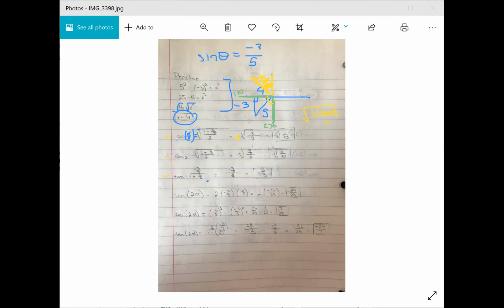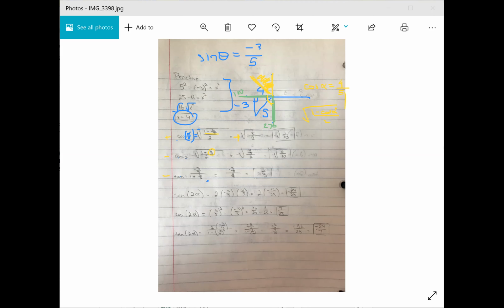Yeah, okay, great. So this is the formula, and all you have to do is plug in whatever cosine is. We know that cosine is adjacent over hypotenuse. So cosine of alpha is equal to, adjacent is 4, and your hypotenuse is 5, so you can just plug that in. So that's 1 minus 4/5.